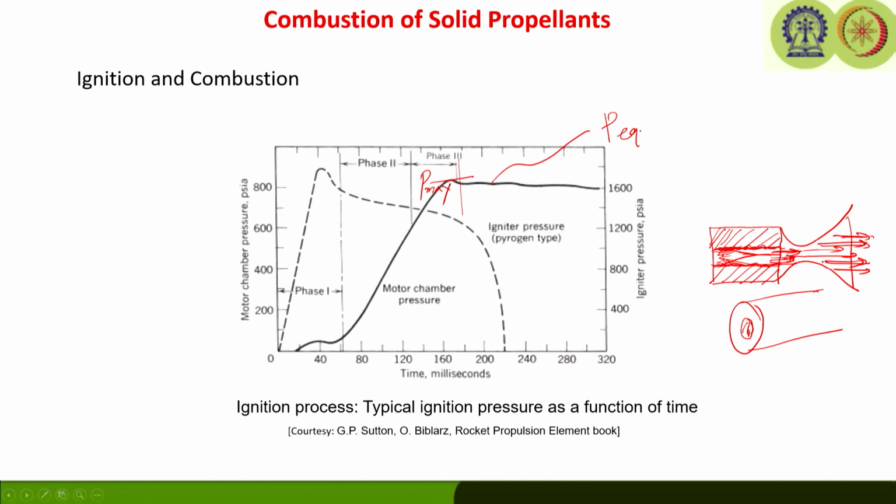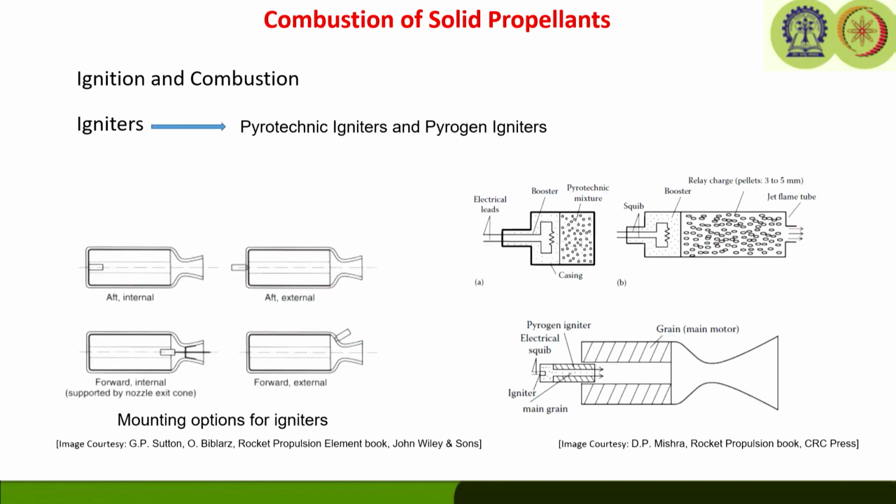Okay. Now, the question is how to initiate the ignition, and what are the different types of igniters. If you look at the different types of igniters, there are mainly two types, one is the pyrotechnic igniter, and the other is the pyrogen igniter. Okay.